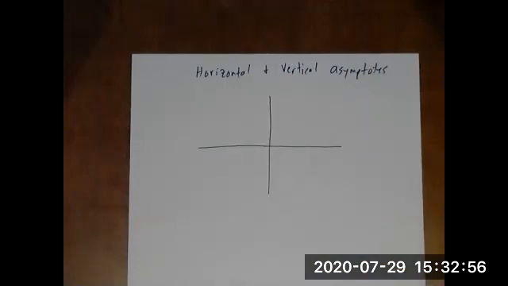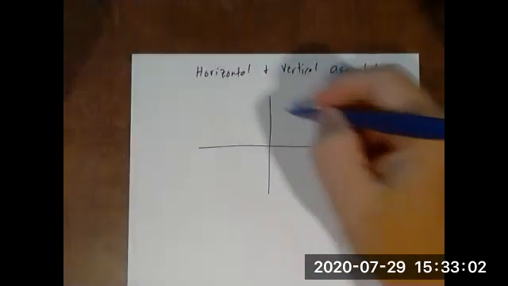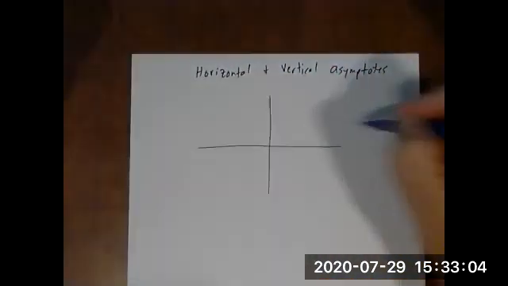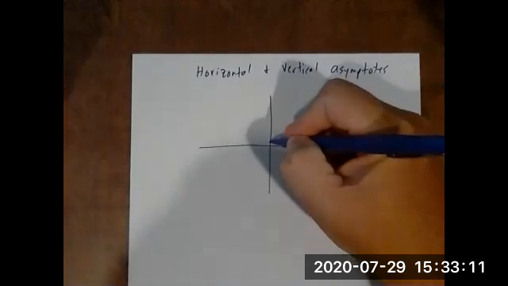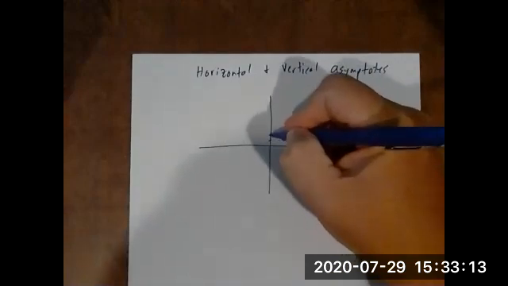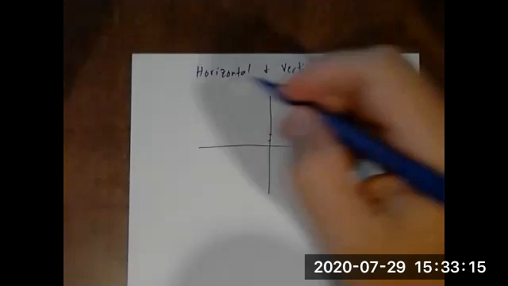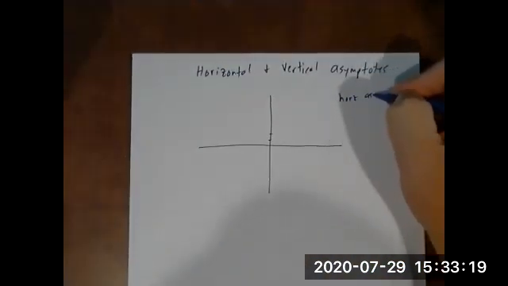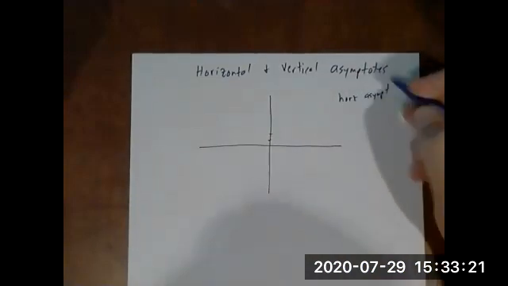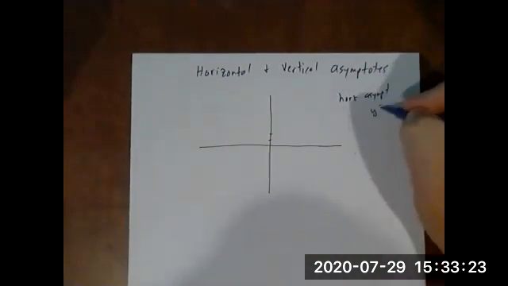Horizontal and vertical asymptotes on a graph will be indicated by dashed lines. So for the horizontal, you understand horizontal means straight across, vertical straight up and down. So in other words, if I draw, let me just make up one. I'm going to have a horizontal asymptote of y equals 2.